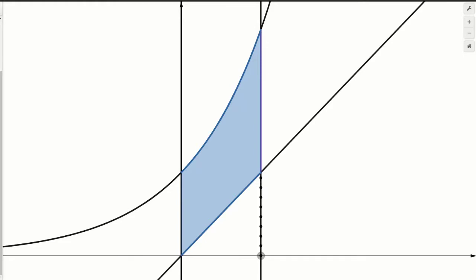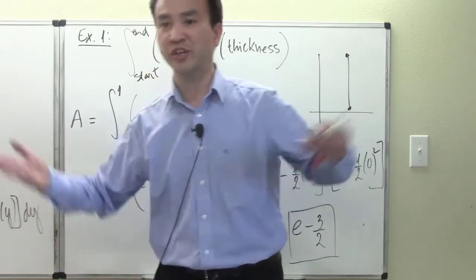The shape right here, if I was going with vertical stripes, look at how convenient that is for us. At every instance of x, from the left to the right, from the start to the end, the height of the stripe only needs to be found by simply one upper curve the whole time, subtract one lower curve the whole time. We never had to switch curves at all.